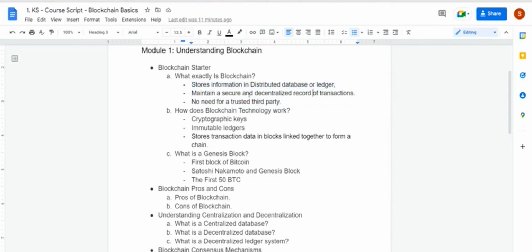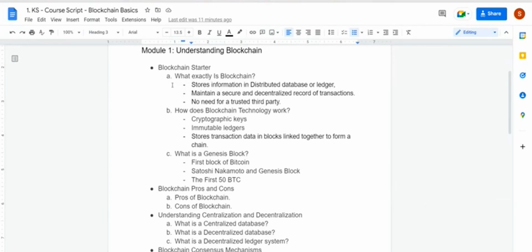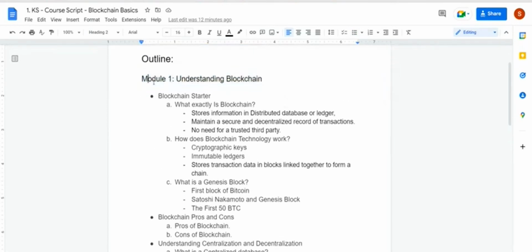What you have to do is you don't need to write a complete sentence. For each module we are expecting you to write let's say 300 words. Okay, so 300 words.